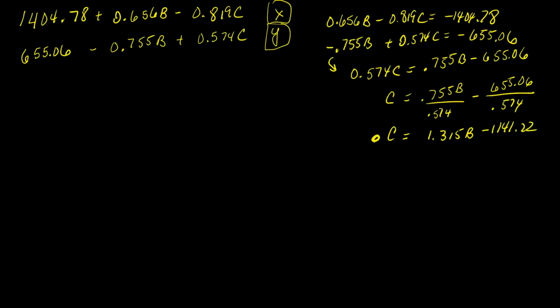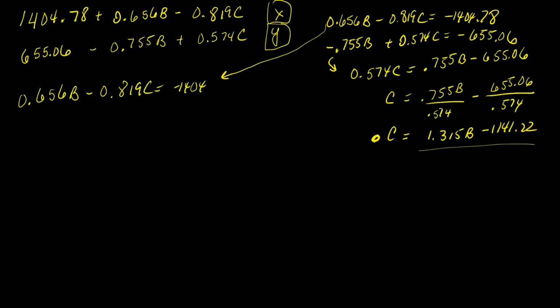Let's take this first equation. I'm going to bring it right here. Now substitute this value for the C in that equation. So let me rewrite it. It'll be 0.656 B's minus 0.819 C's equals negative 1404.78.